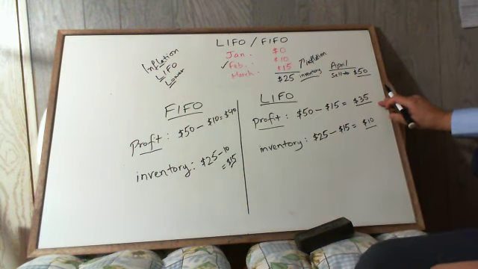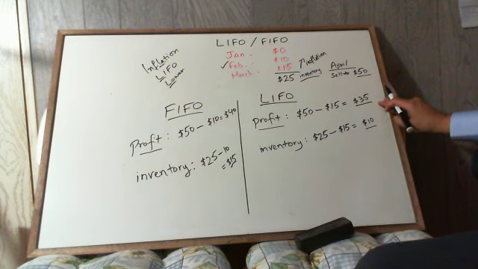So that's a triple L memory aid. In times of inflation, LIFO will provide a lower profit. And so that will hopefully help you in understanding this concept. And this is linked with depreciation, which I will discuss in another video.